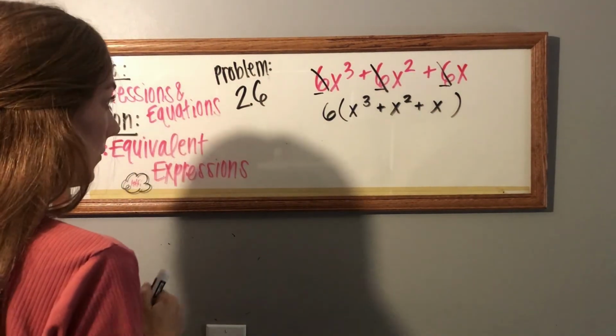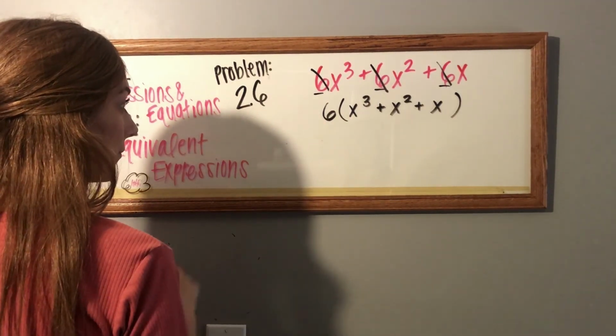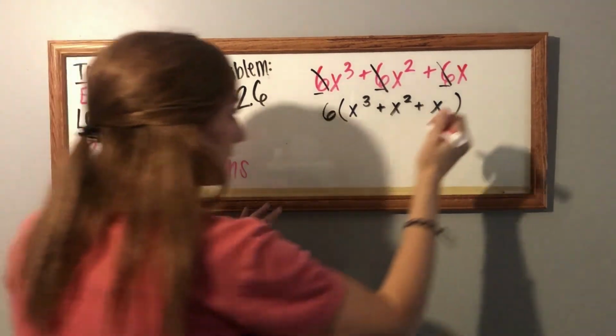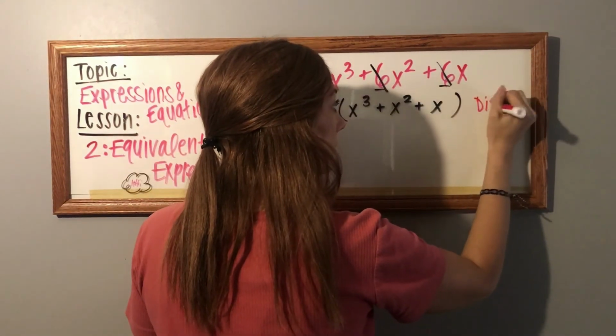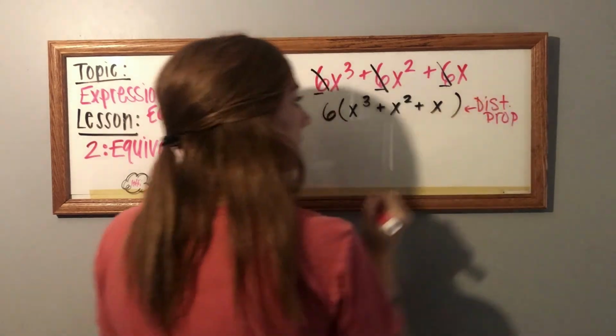Now that I've pulled out that coefficient and I'm looking at my distributive property here, I can actually determine that I can pull out another factor. There's another common factor between all 3 of these terms, and that is an x.